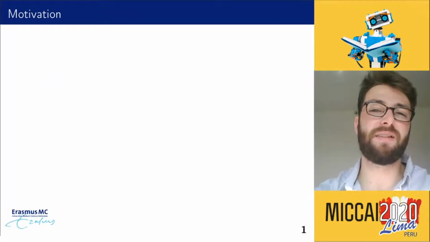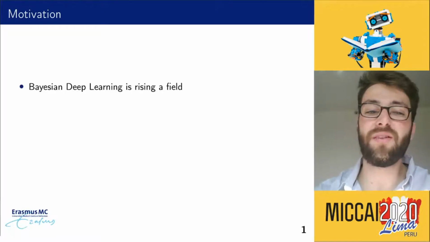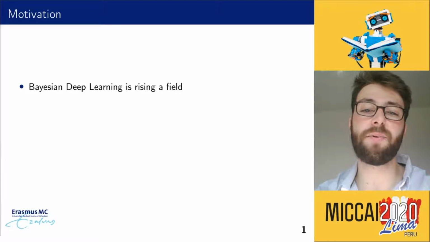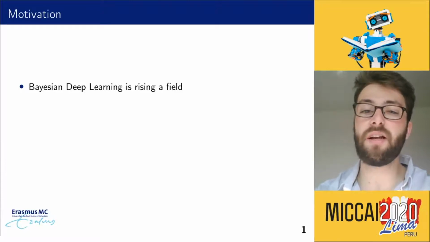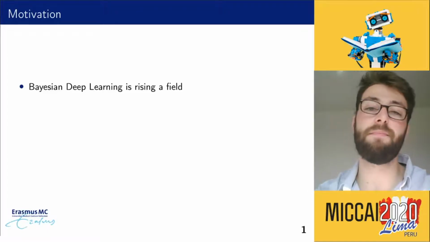Let's motivate this research first. We are researchers in the field of Bayesian deep learning applied to medical imaging. This is a rising field, as we can see that most of the main challenges are creating tasks to assess uncertainties in medical imaging.